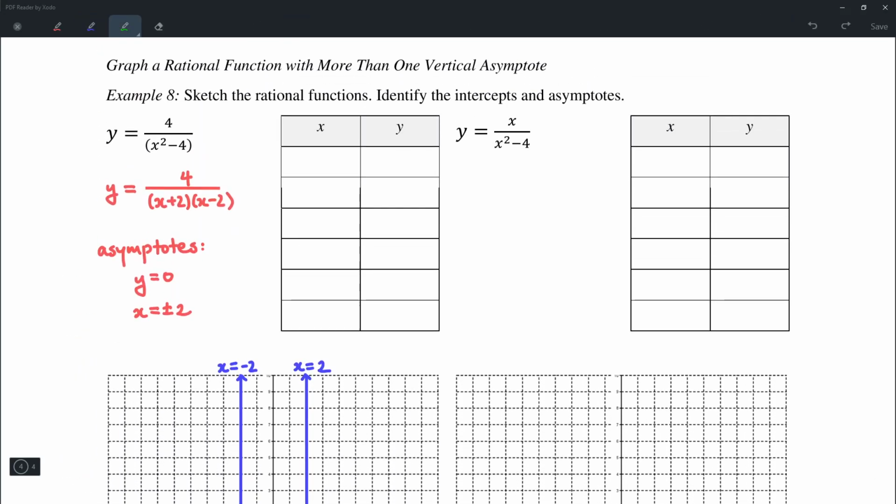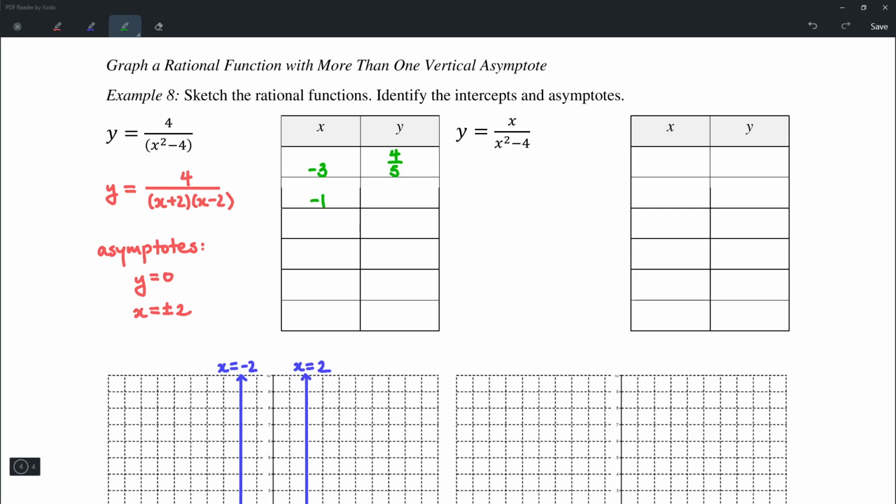And we're going to choose values that are close to the vertical asymptote. So we're going to let x equals -3, which gives us 4 over 5.